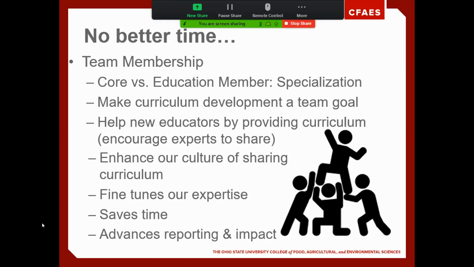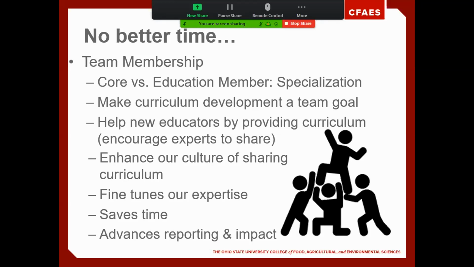We can fine-tune our own expertise. I think that's one of the joys of working for this university: the ongoing education. You learn something new every day, and the more you learn, the more you know there is to learn. So how do I take this vast amount of information and put it into a concept that's easy for me to teach, but also into a package that others can pick up and share?